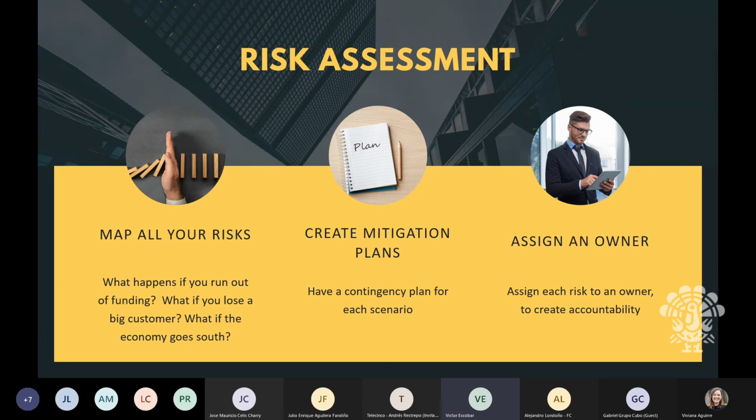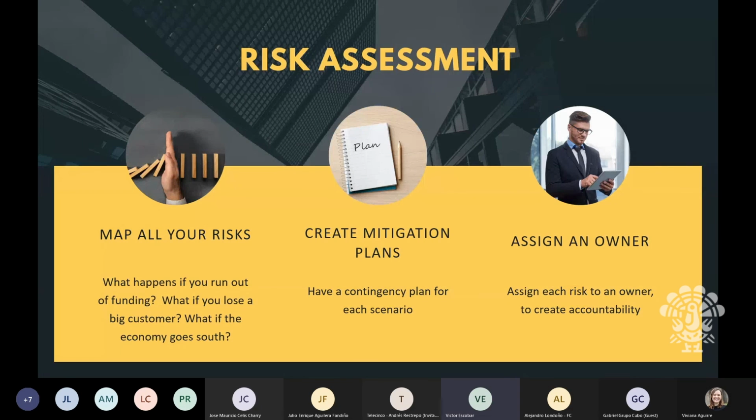The final message in here says assign an owner, so you don't have to be responsible for everything. If in your company there are more people that can check and can take accountability for that branch or for that sector or for that team, try to not carry everything on your shoulders.